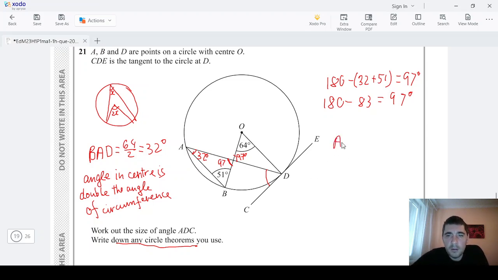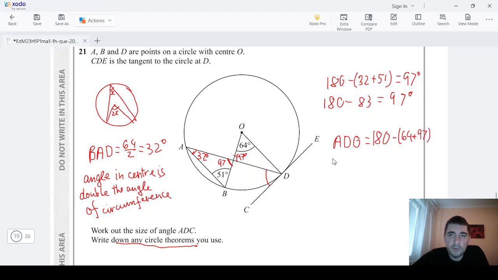Okay, so let's work out the angle ODA or ADO. So angle ADO will be equal, because again we've got triangles, so 180, take away the other angles we know, so take away 64 plus 97.